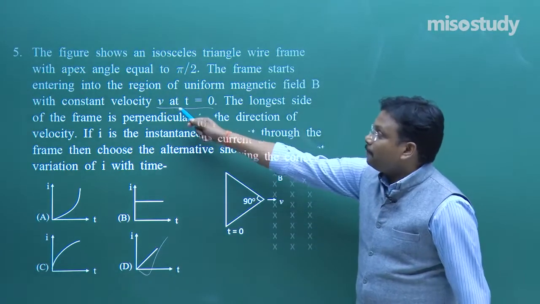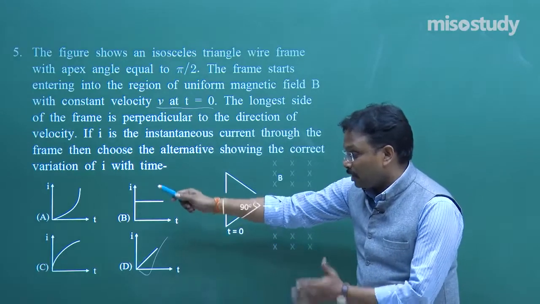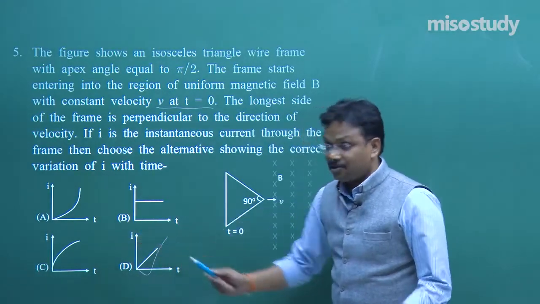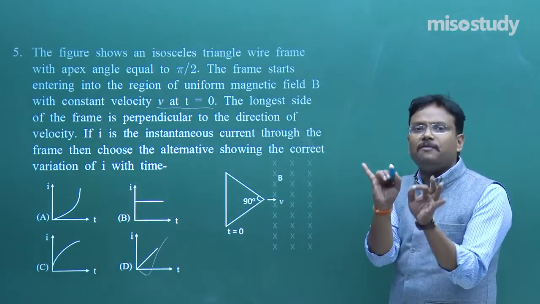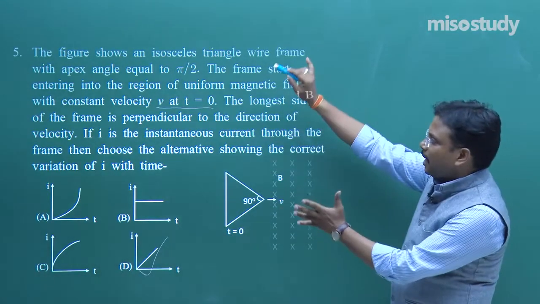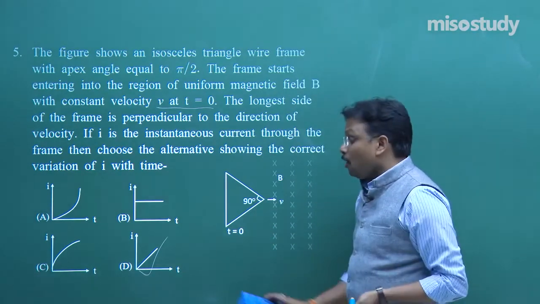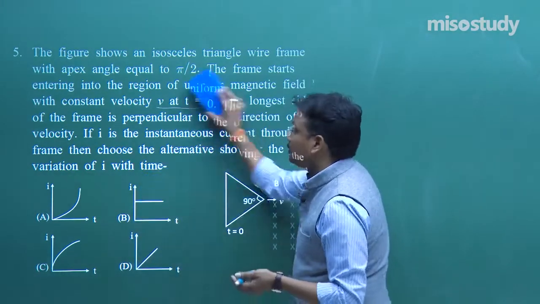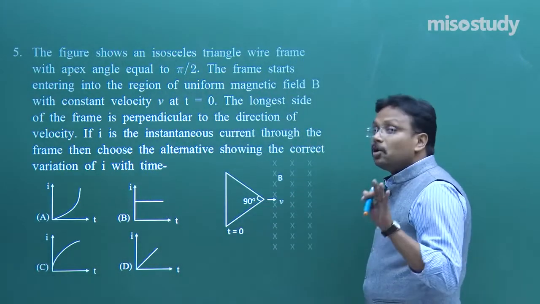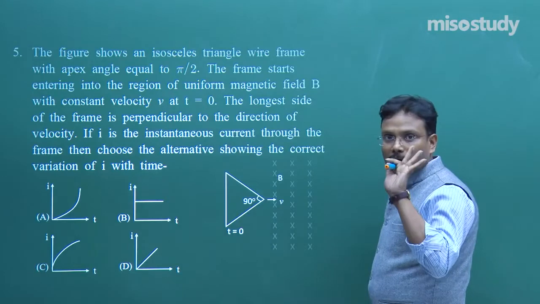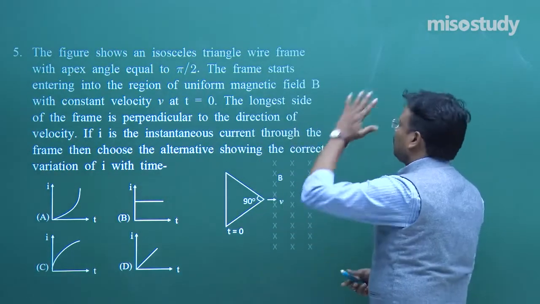The moment you say velocity is changing, then this graph is going to change, and C is the correct answer. So this is one approach where you need not even pick up a pen. Just by reading the question properly, you can say this relation. But a few of you may say, we don't like this type of approach, we love to solve a lot of things, while it is not advisable in the examination hall. Because in a small amount of time you should try to find the correct solution.